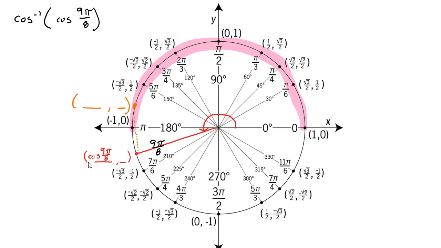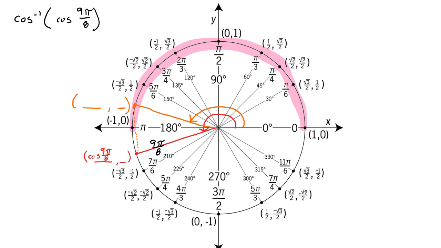All right, so what is this angle right here? That's going to be the answer to our question. Whatever that angle is will be the angle that has the same cosine as cosine of 9 pi over 8, and that angle will be in this pink area.